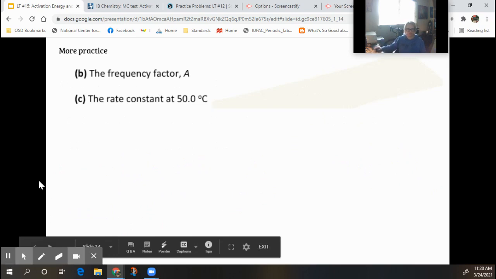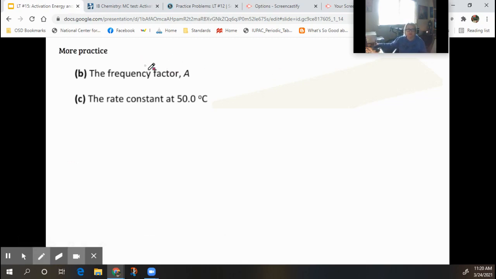Okay, so to get the frequency factor, I'm going to use the exponential version of the Arrhenius equation. It does not matter which one you use, you should come up with the same answer, whether it's the exponential version or the natural log version. I just like the exponential version for this.